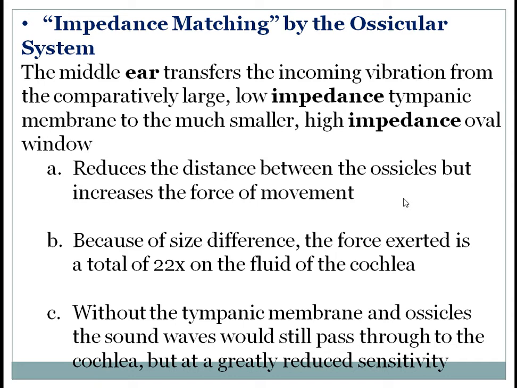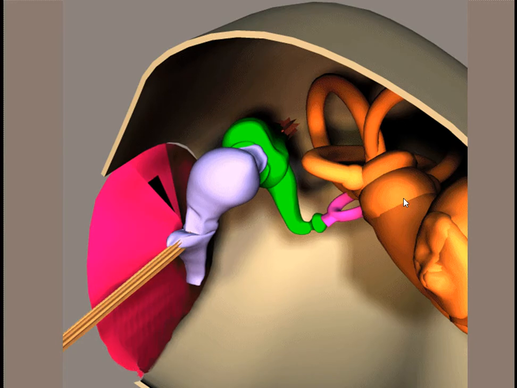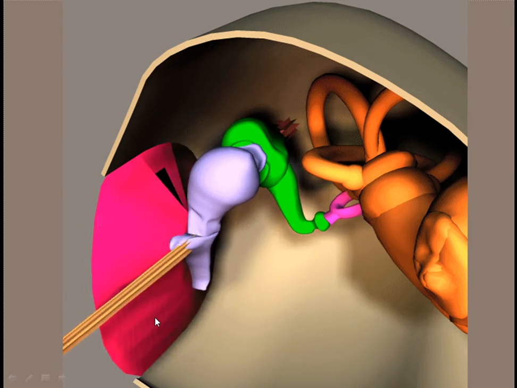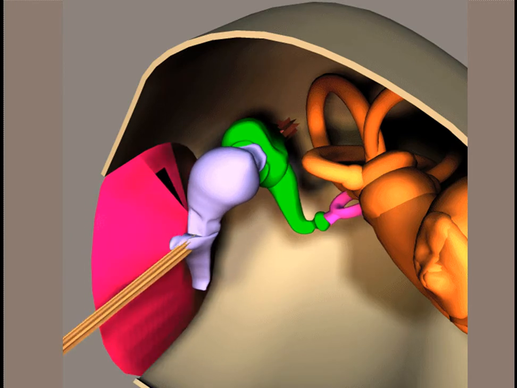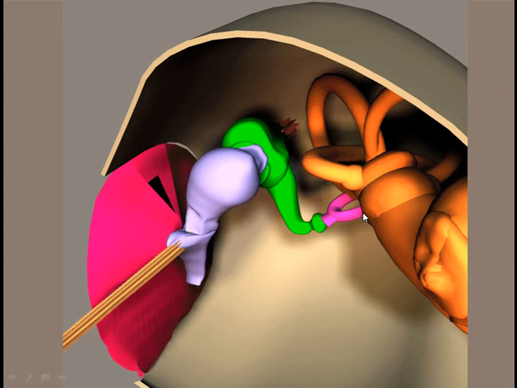A very important thing about the middle ear is impedance matching, for which you can have the SCQ also. What is that? As you can see from this also, the very large surface area of the tympanic membrane conducts sound waves from the external source to the middle ear and focuses them on a very small area of the oval window.